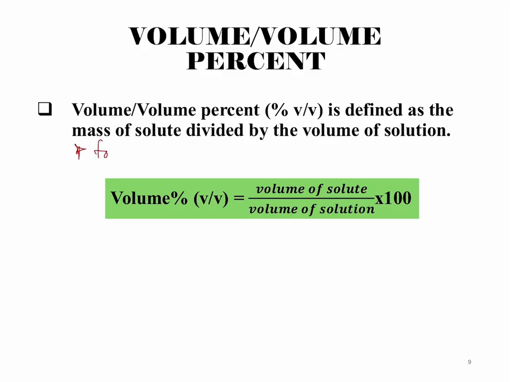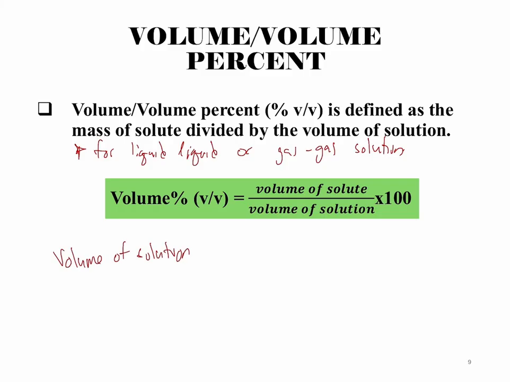So for liquid or gas solutions, you take the volume of the solute divided by the volume of the solution, where the volume of solution is equal to volume of solvent plus volume of solute.